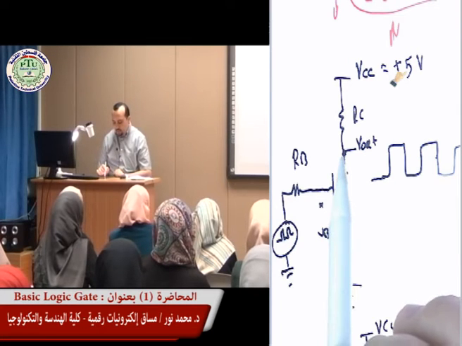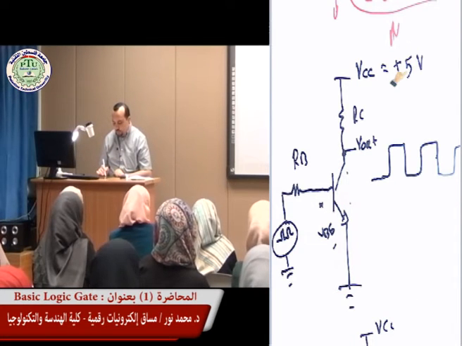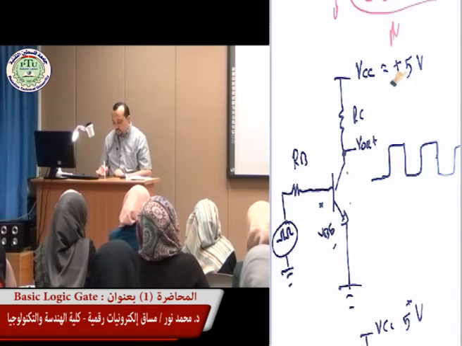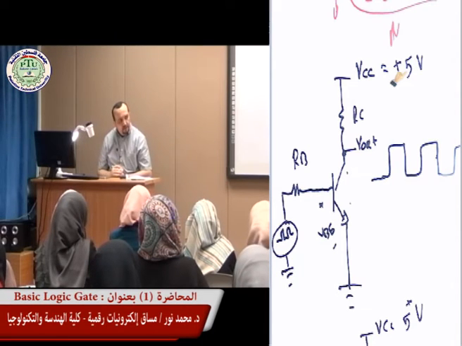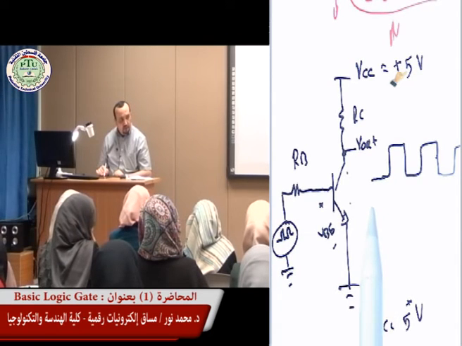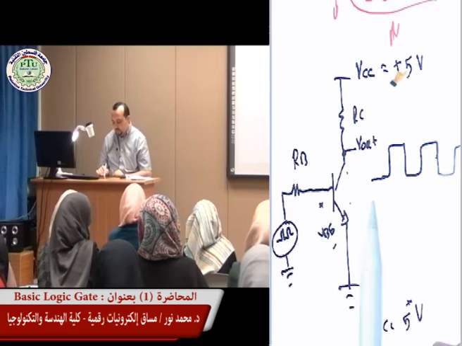This is the circuit, and that's V out. If I have 5 volts here and I is equal to 0, then absolutely V out will be equal to 5. So basically, once we have V0, we have high voltage, which in this case is 5.